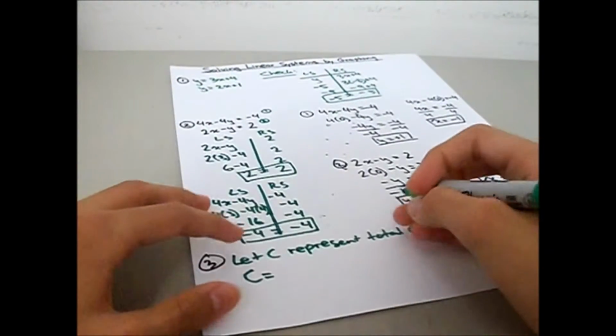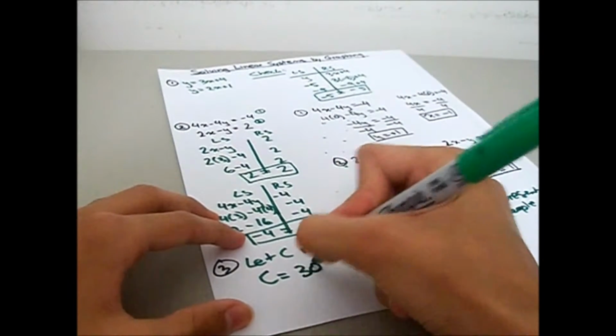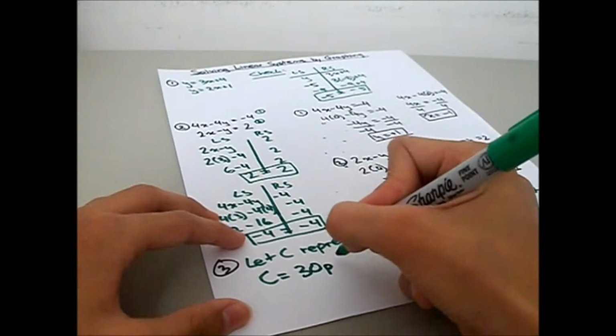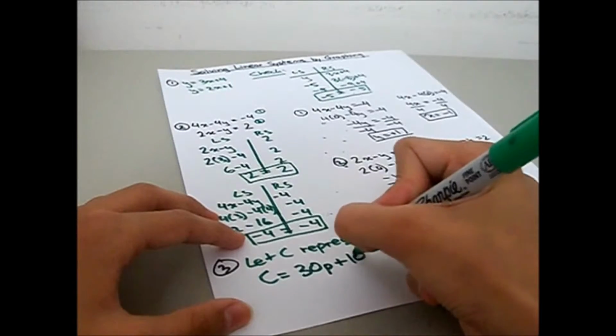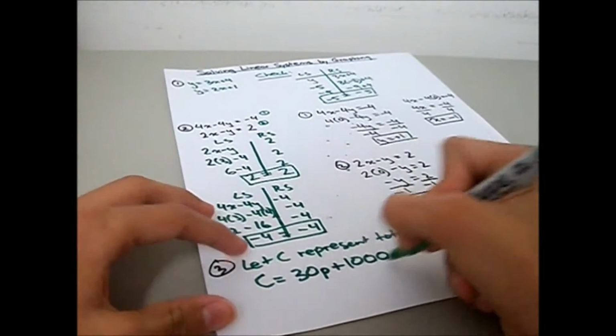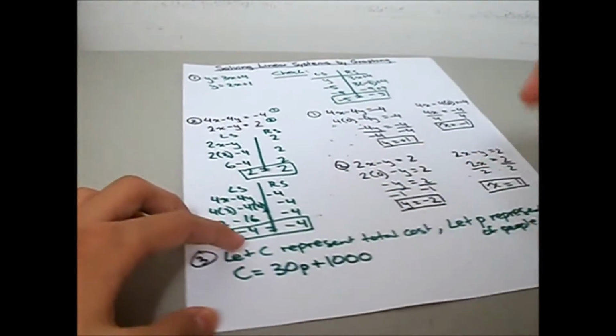So C represents $30 per person plus $1,000 of fee. So $1,000 is our y-intercept, or initial value.